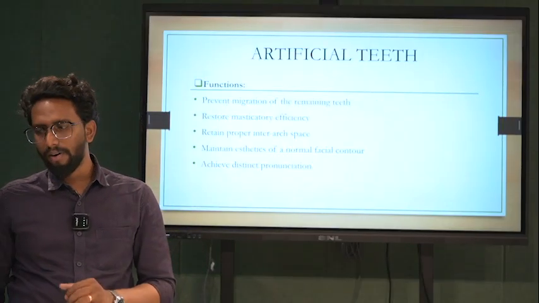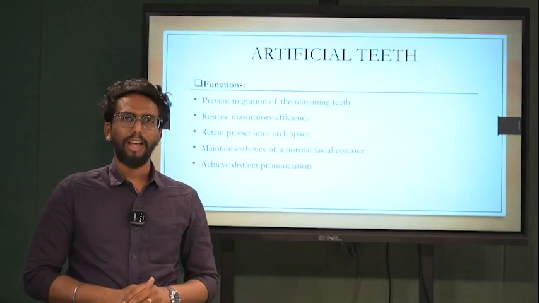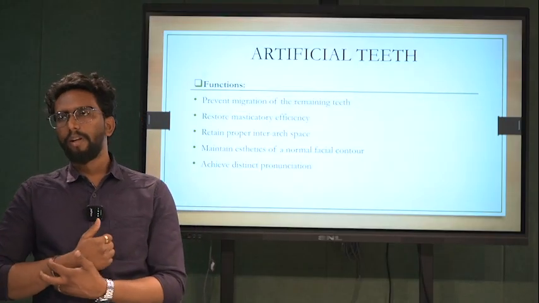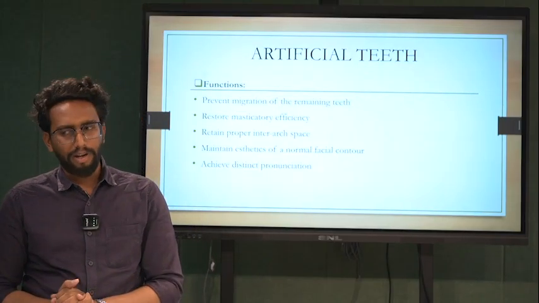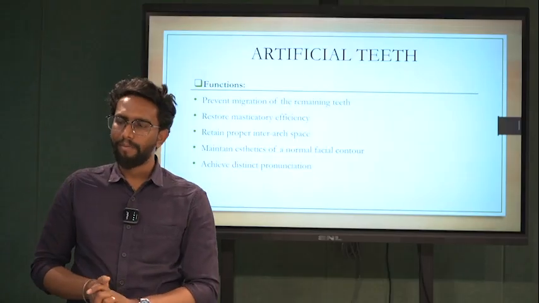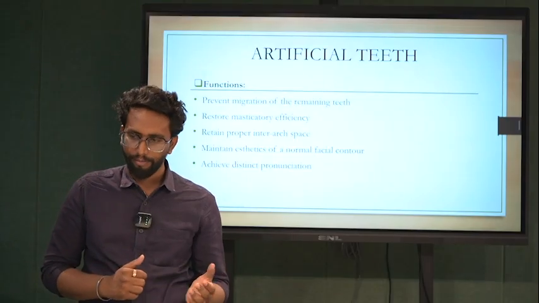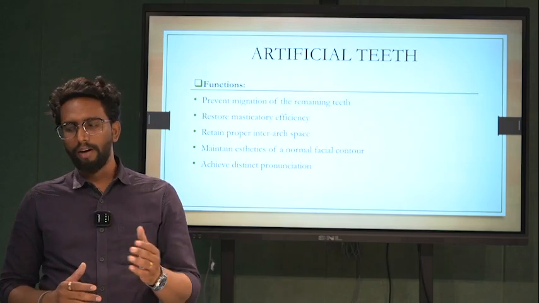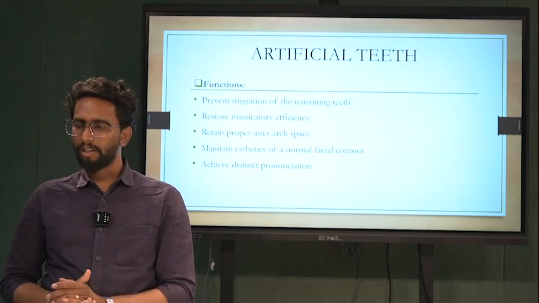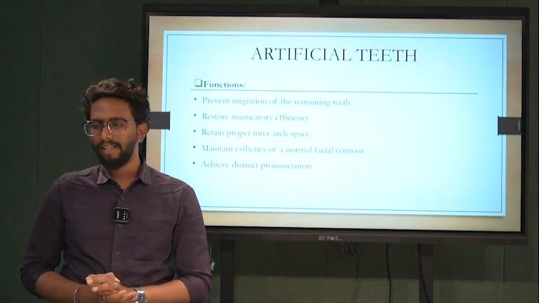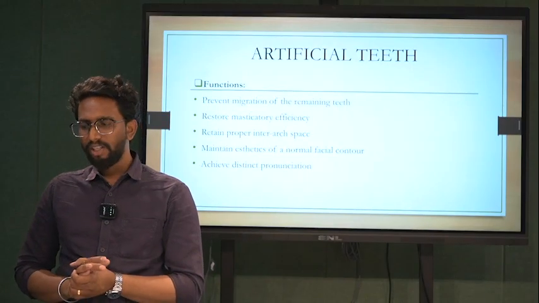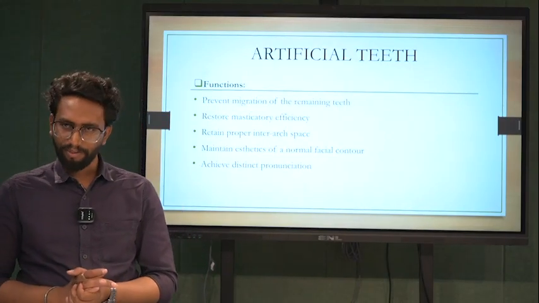Okay, and our last component is the artificial teeth. The functions of the artificial teeth are to prevent the migration of the remaining teeth, restore the masticatory efficiency, retain a proper inter-arch space, maintain the aesthetics of a normal facial contour, and achieve distinct pronunciation.